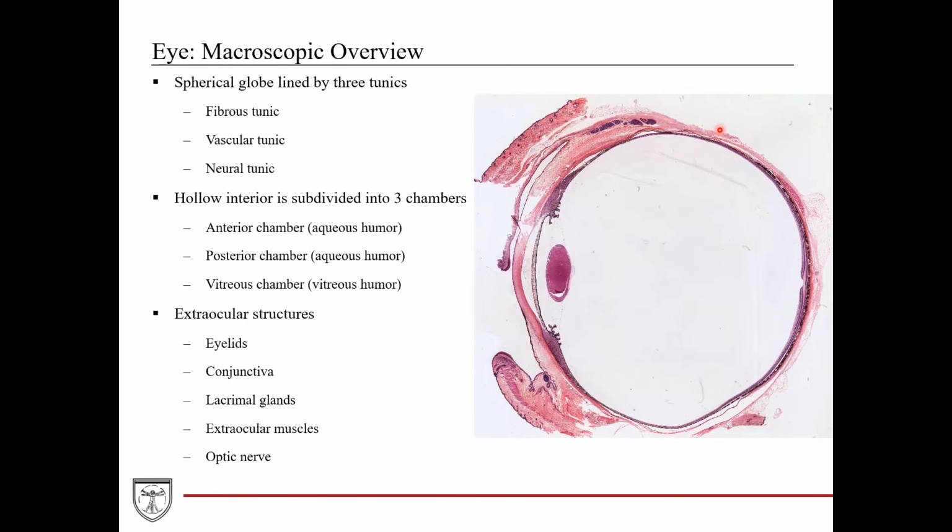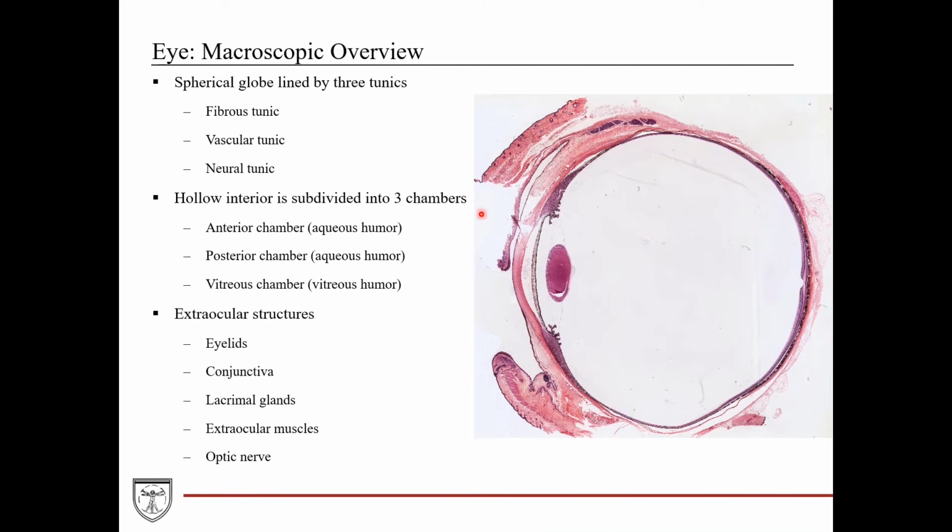And now we're looking at the histological section through the eye instead of the diagram. Here we have some portions of the eyelids that have the skin on the exterior and the conjunctiva in the interior that folds upon itself, covering the exterior of the sclera and then transitioning and disappearing here where the cornea is.